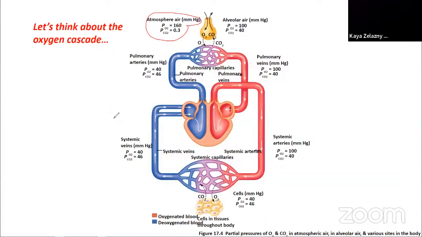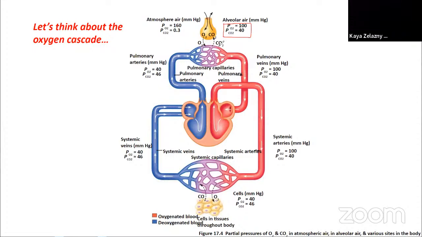So numbers you do want to remember here, because they're going to be very relevant for our partial pressures in the blood: the partial pressure of oxygen in alveolar air is 100 millimeters of mercury. Our partial pressure of carbon dioxide is 40. So we're way higher for carbon dioxide than we were out in the atmosphere. We're a bit lower for oxygen.